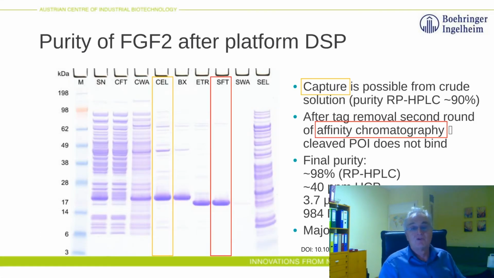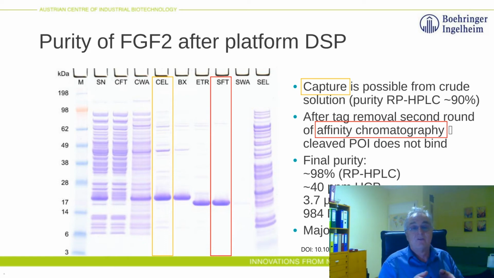Now I will go through this slide to show you the purification platform for the downstream processing. So you have the marker on the left-hand side, the SDS electrophoresis, the supernatant, and then we have the flow-through, the wash, and then we elute.